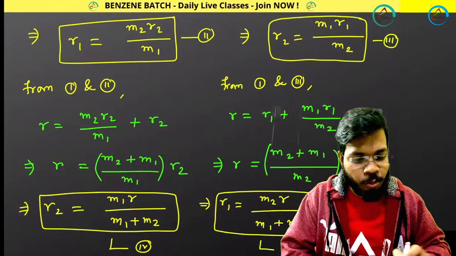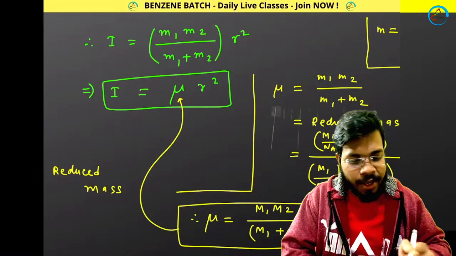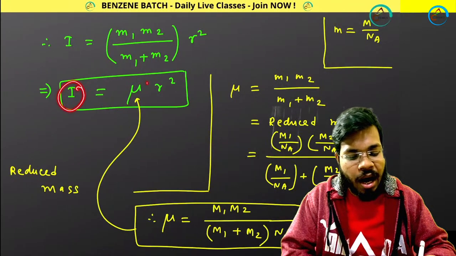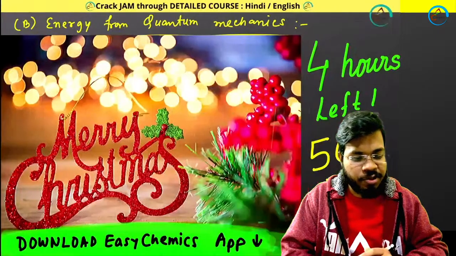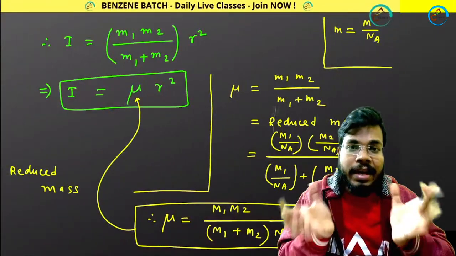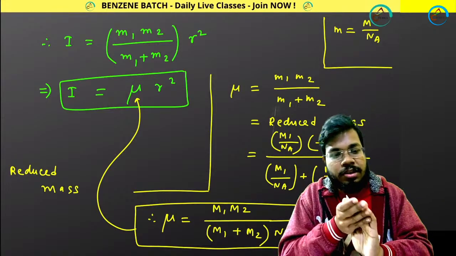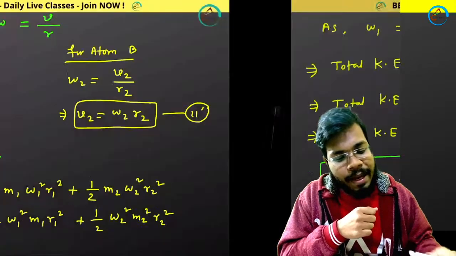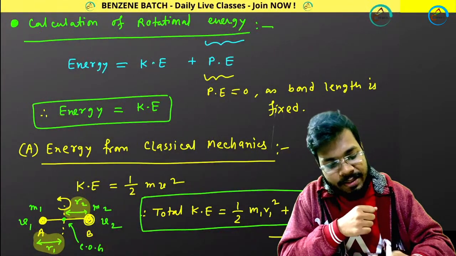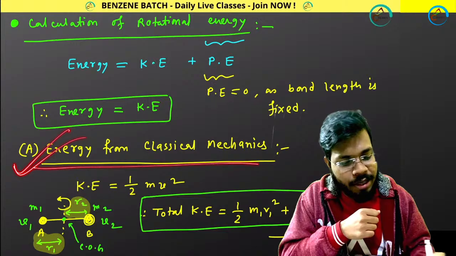I was our moment of inertia, and the value of I came out as I equals mu r square. So we have calculated the final expression of energy level for a rotational molecule, and that calculation was done by using classical mechanics, right? Energy from classical mechanics.